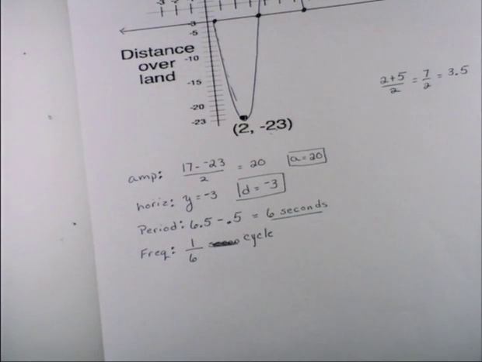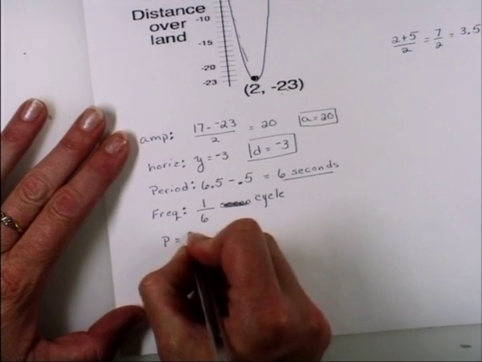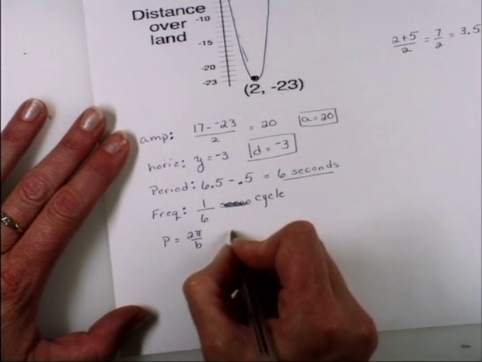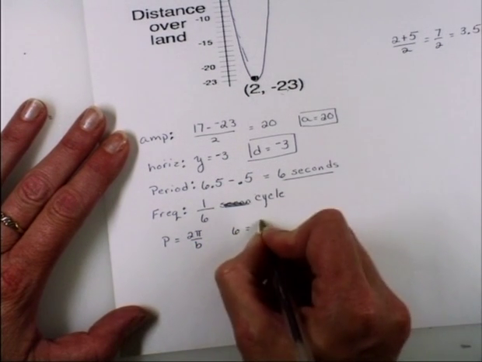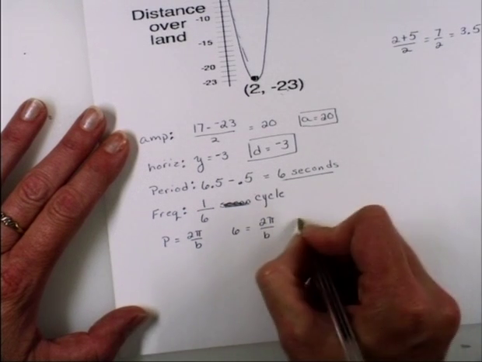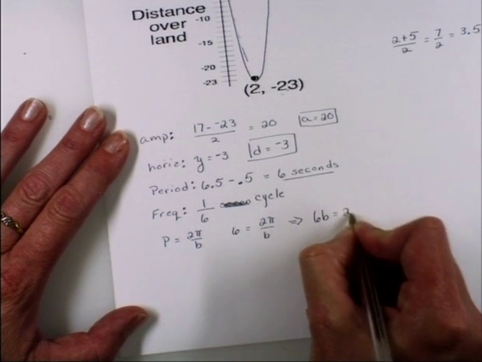All right. However, to find B, we need to go back to what we've done in the past, using period is equal to 2 pi over B. So my period is 6, 2 pi over B. So 6B equals 2 pi.